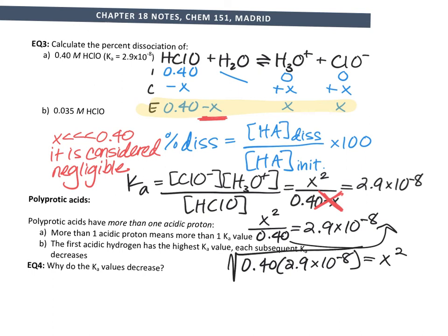And if I square root both sides, that tells me that the square root of 0.40 times 2.9 times 10 to the negative 8 is equal to x, plus or minus x. Obviously, we're going to take the positive value of that. So go ahead and plug that in your calculator, and let's see what we get for x.